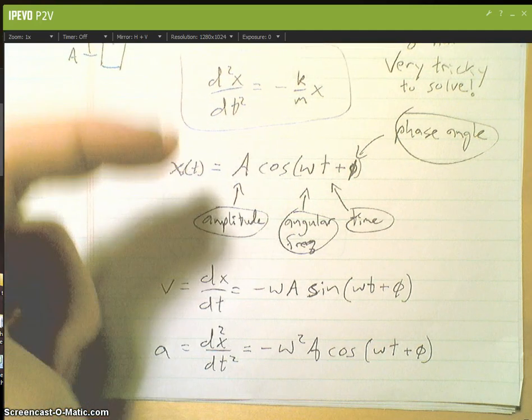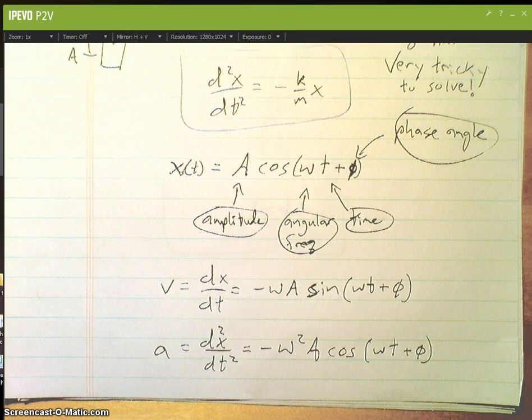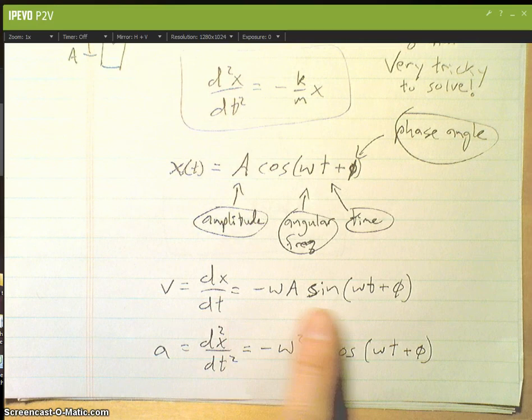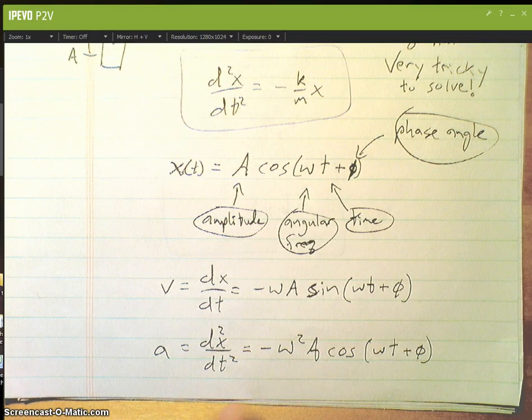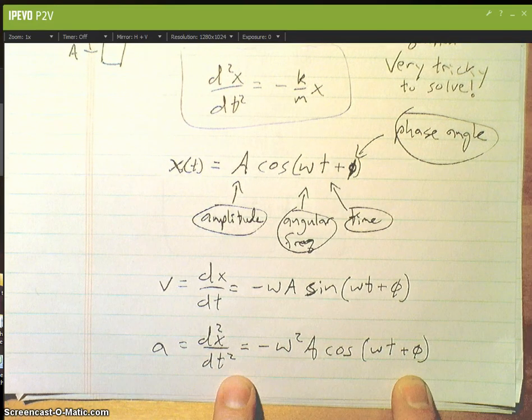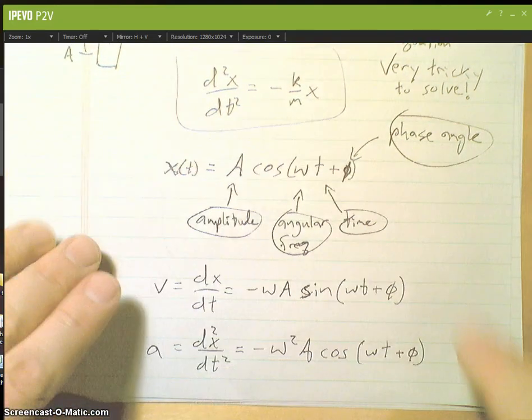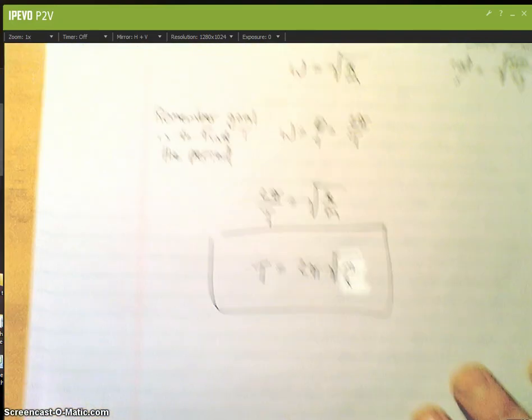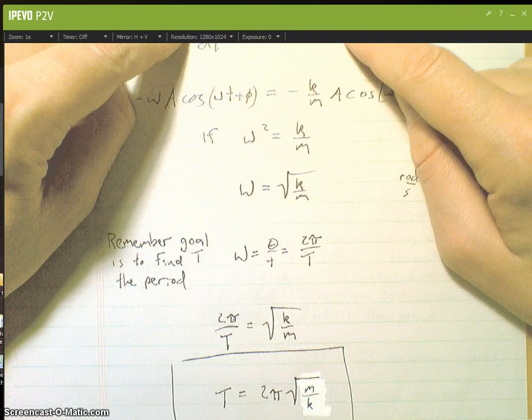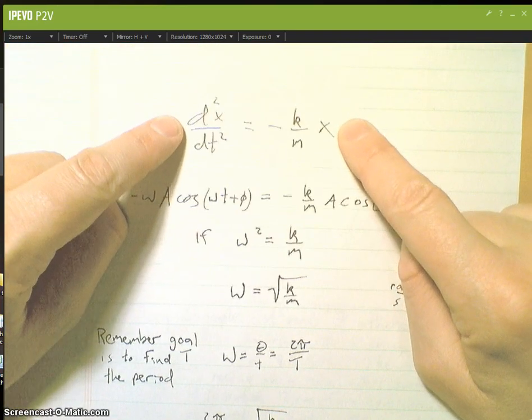Is this a good solution to that differential equation? We take the first derivative, we get that. We take the second derivative, we get that. So now I'm going to take this and plug them back into this. So there's that pesky differential equation that's really tricky to solve.